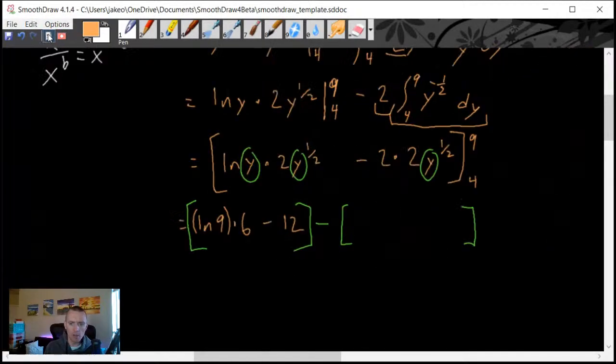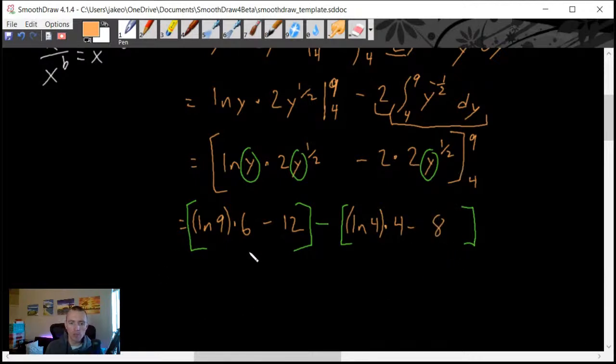So now if we plug in 4 for all of our y's, we're going to get ln of 4 right here. 4 to the 1/2 is the same as square root of 4, which is 2. 2 times this 2 is 4. Minus 2 times 2 times the square root of 4, which is 2. So 2 times 2 times 2 is 8.